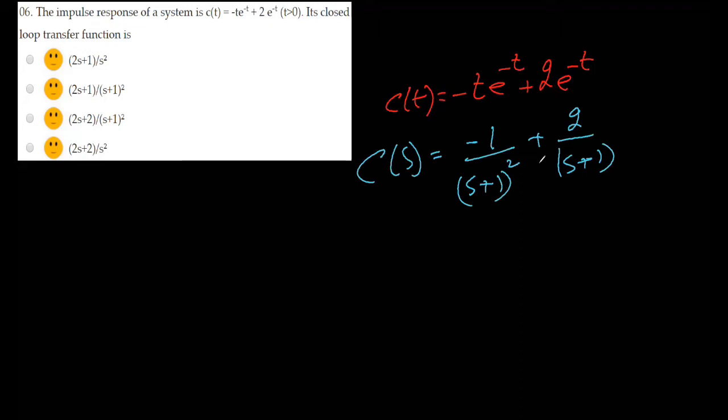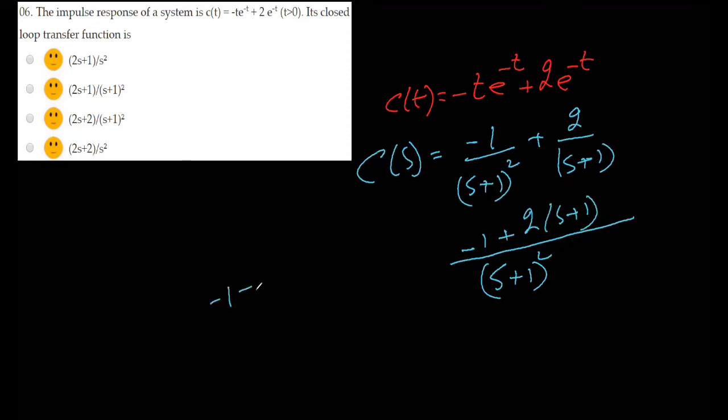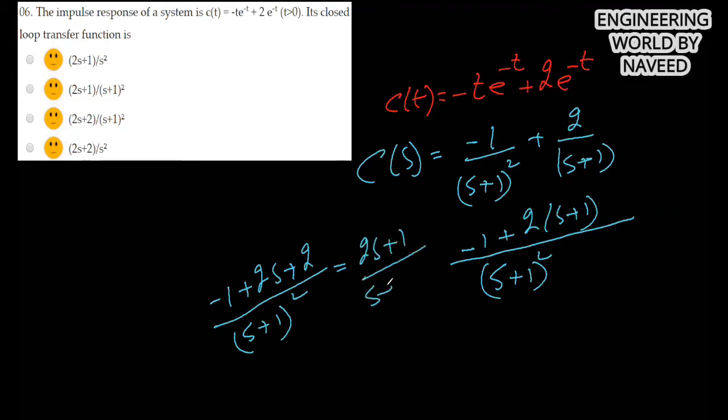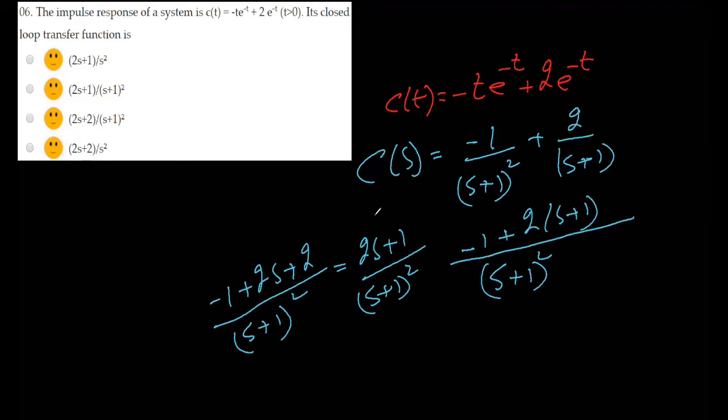Take the LCM, so plus 2 into (s plus 1). So that's equal to minus 1 plus 2s plus 2 divided by (s plus 1) whole square, and that is equal to (2s plus 1) divided by (s plus 1) whole square. So this is the closed loop transfer function. So 2s plus 1 divided by (s plus 1) whole square, so option B is the correct answer.